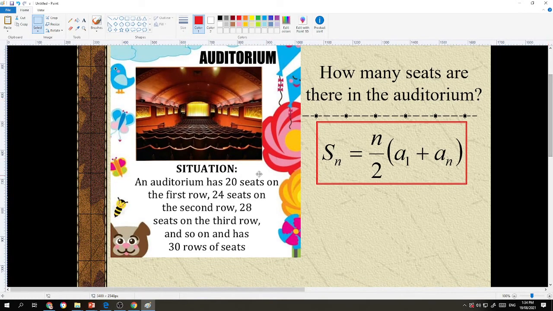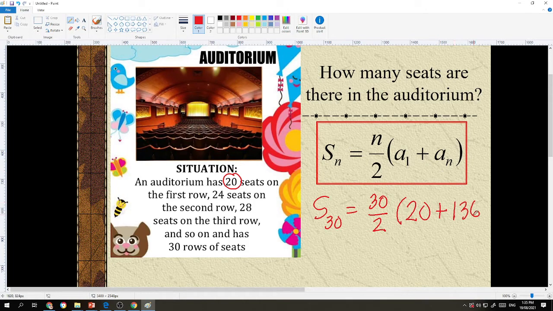So atong i-solve si, let me point at the pen. S sub 30 is equal to 30 divided by 2 times, what's the first term again? O pila tong na-solve nato ganiha nga A sub 30. There you go. Atong i-divide ang 30 og 2, we will get 15.